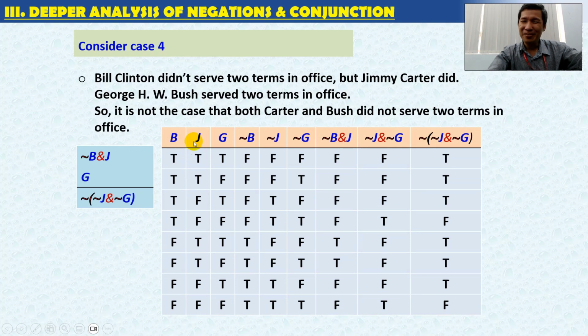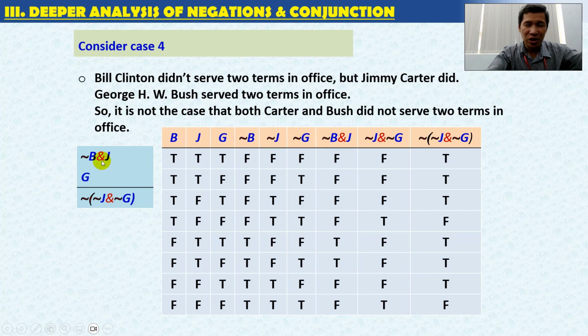Let's see how many columns we have here. 1, 2, 3, 4, 5, 6, 7, 8, 9. Not the most complicated. Yeah, you have to consider. We need, I say, not the case B and J. Then we need not B first.